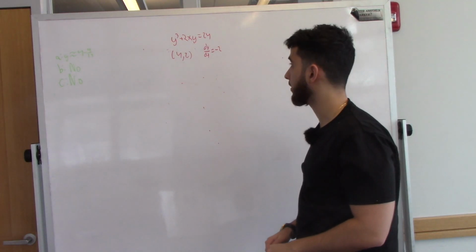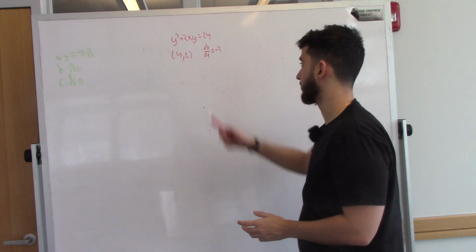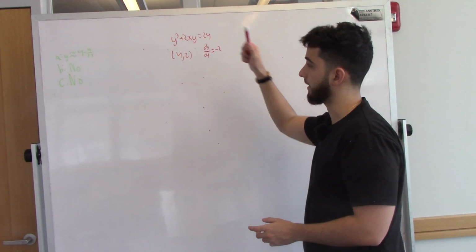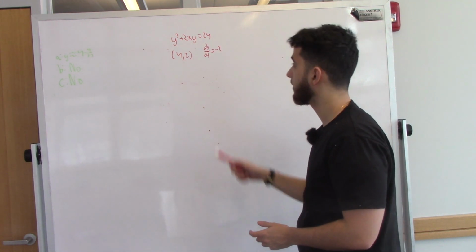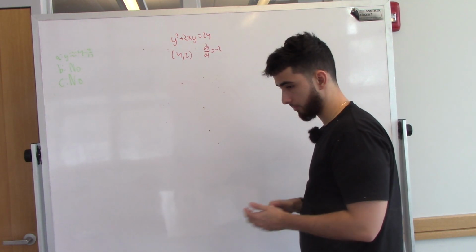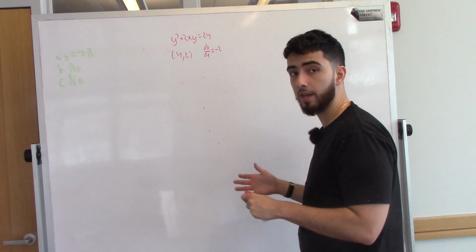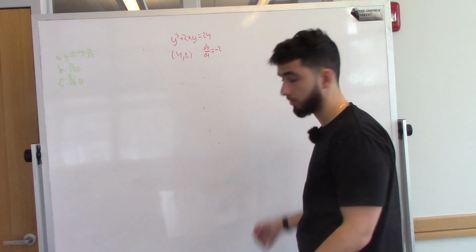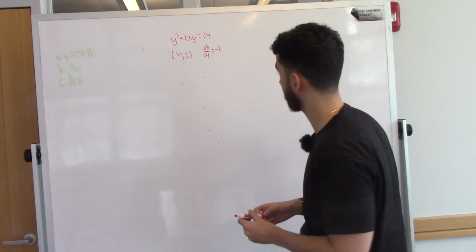All right, now for part D, we're pretty much told some particle is moving along this curve, and that at this point, which is 4 comma 2, the change in y with respect to time is negative 2. And we want to find the change in x with respect to time, which means you gotta differentiate and it's gotta be implicit.